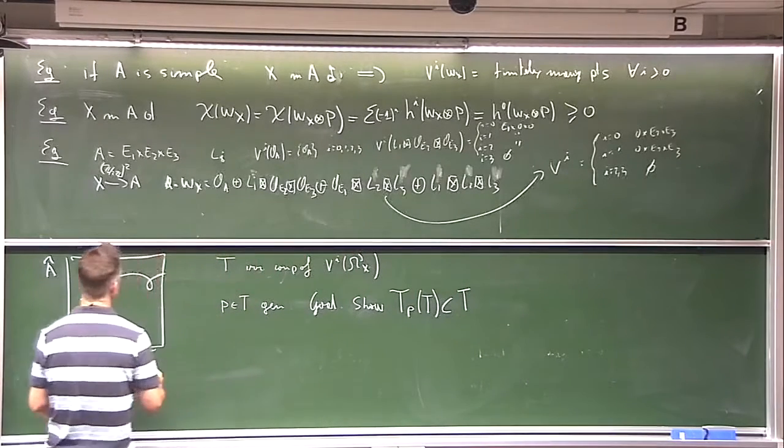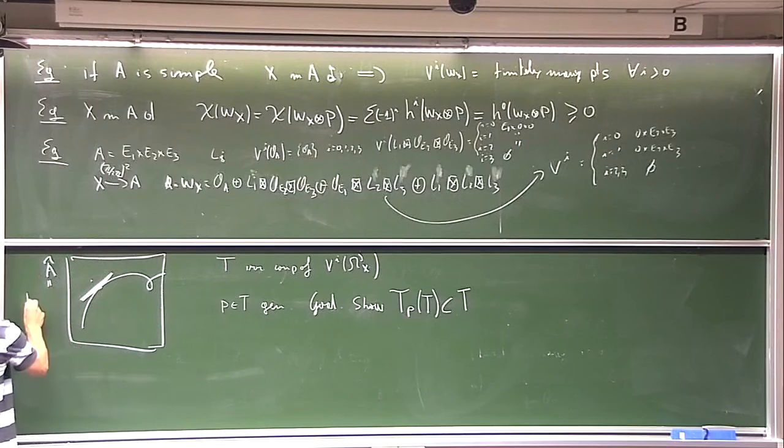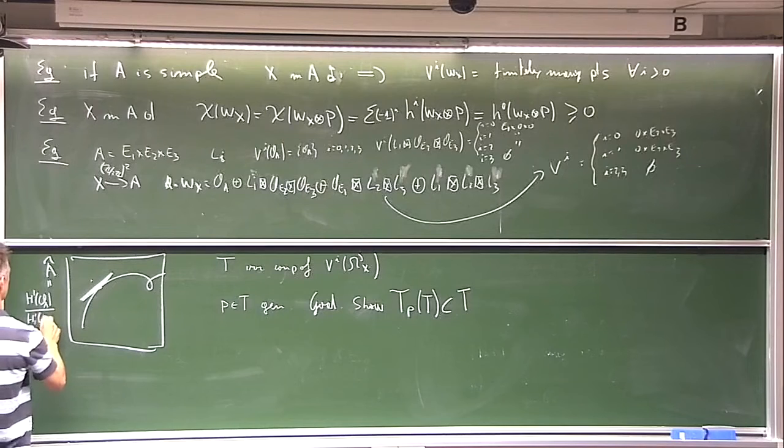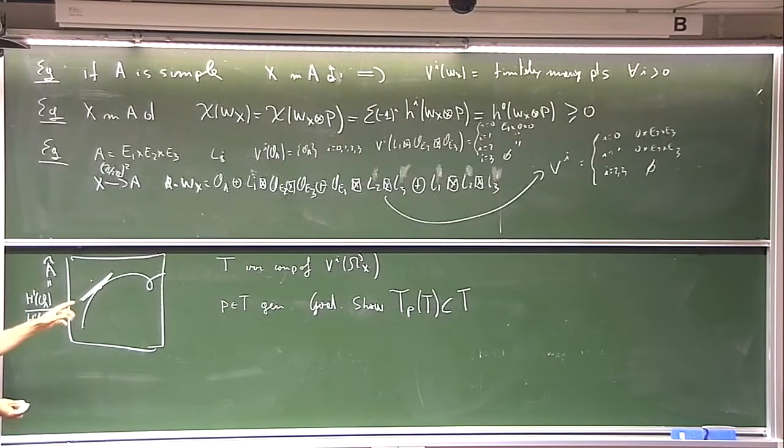We're thinking of this as H1 of O of A, quotiented out by H1 of A Z. And I mentioned the tangent space, so let's pick a vector in the tangent space.